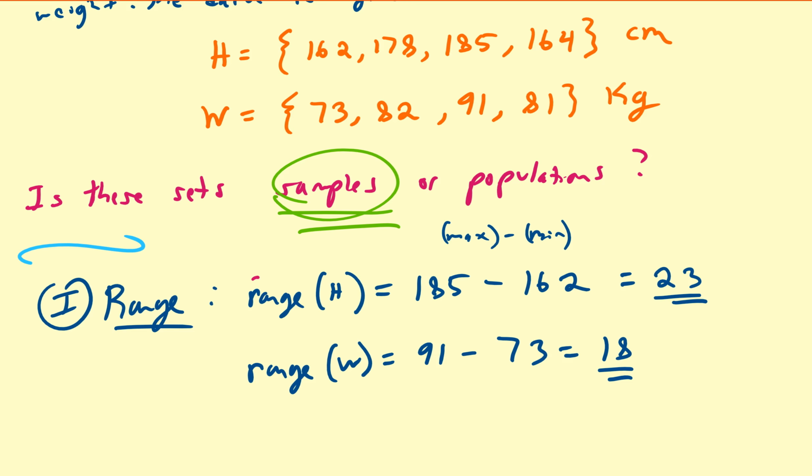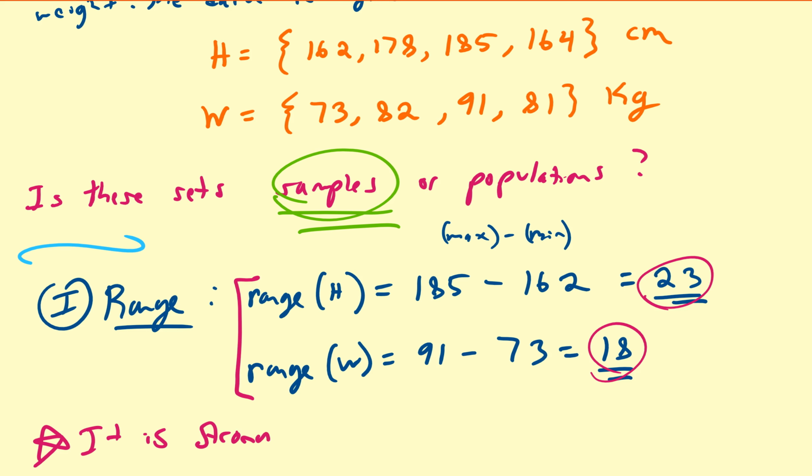So from these calculations, we can see that the data for height is more spread out than that of the distribution of weight. Now, a really important thing to note about the range, it is strongly influenced by outliers.